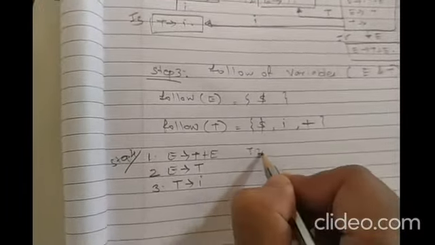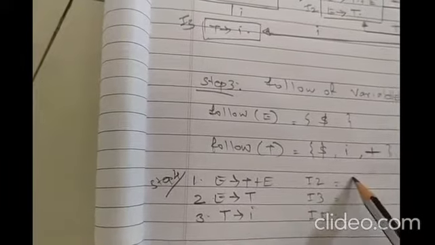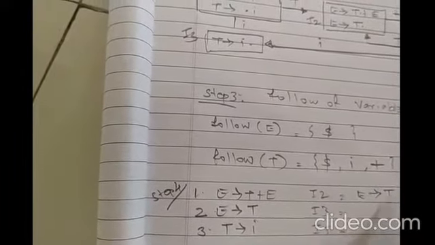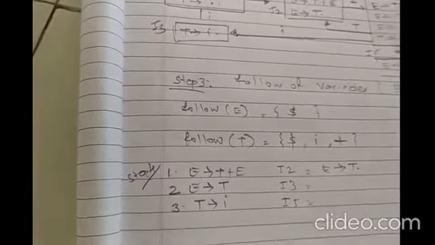In I2 you can observe the production is like this: E tends to T dot, which is similar to R2, E tends to T, whereas I2 consists of E tends to T dot, which are similar to each other. So whenever you have I2, you will be reducing it with production number 2, that is E tends to T. So I'll write the R2 over here.